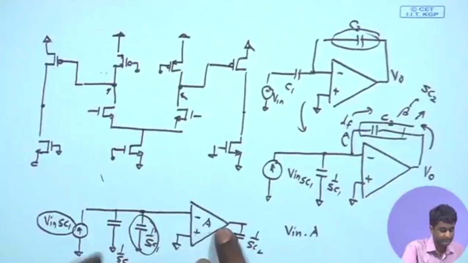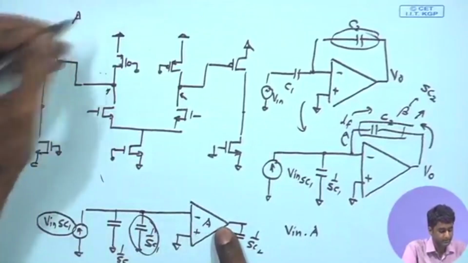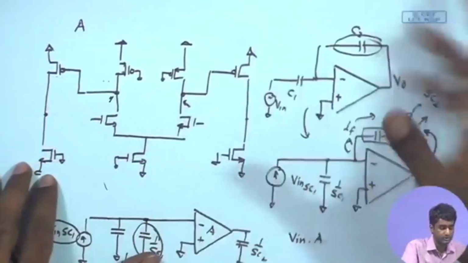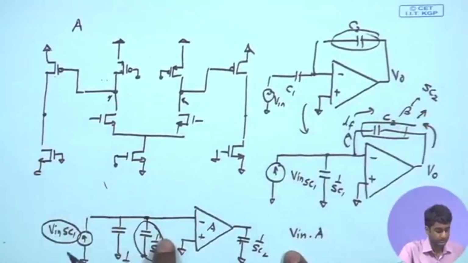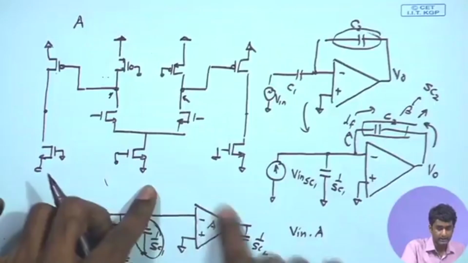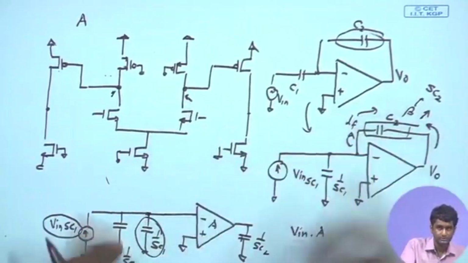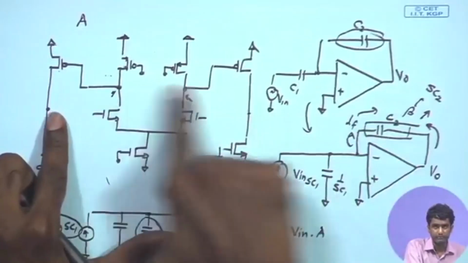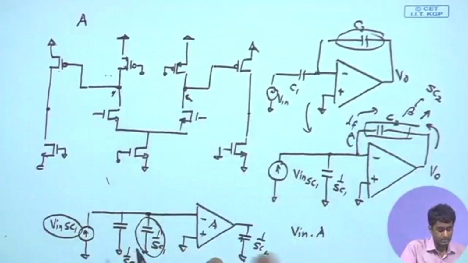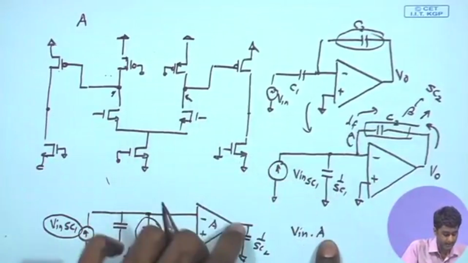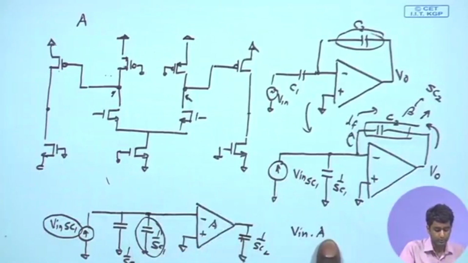So, this amplifier has some overall gain. We have just seen what that gain is, GMRO by 2 the whole square, that is the A of this amplifier, because inherently this amplifier is a voltage to voltage amplifier. So, the gain from this point to the output is anyway the A of this amplifier, which gives us V in times A as the final voltage over here.